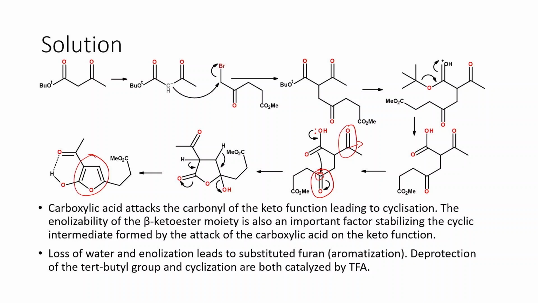In other words, the furan having the acetyl unit is the final product. So option A is the right one, where we have the acetyl unit and the hydroxy unit, and the final product is not having the tertiary butyl unit. So that clearly tells that option B is not the right one.